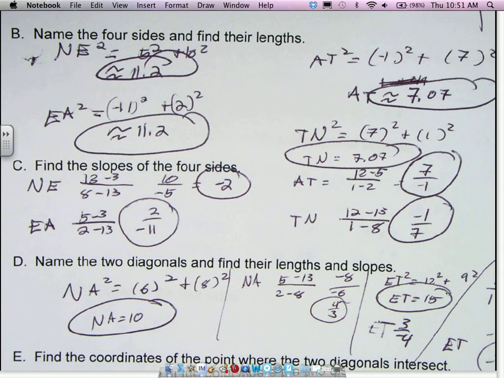The slopes of the sides are 7 over negative 1 and negative 1 over 7. We were on D. ET's length is 15, and its slope is 3 over negative 4. So the diagonals are perpendicular, but they're not congruent. This is 4 over 3, and this is 3 over negative 4.